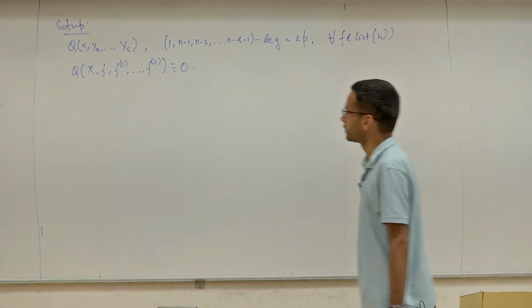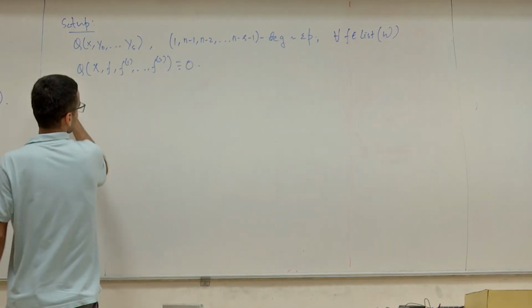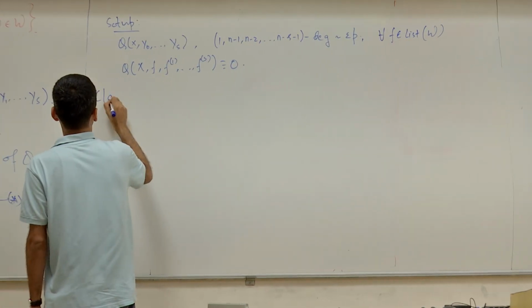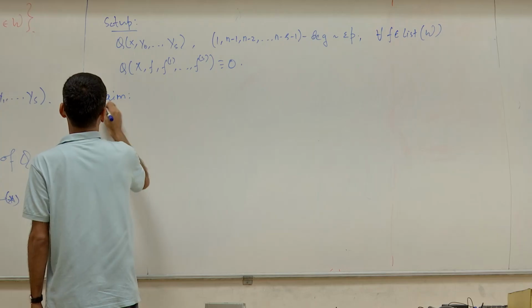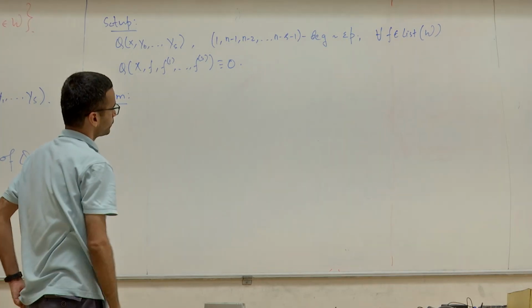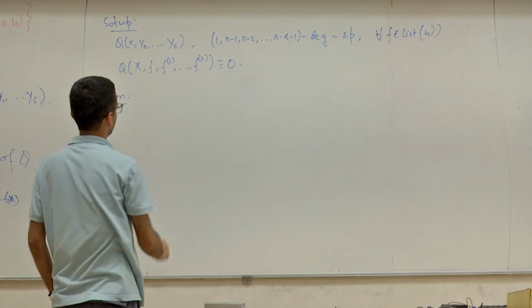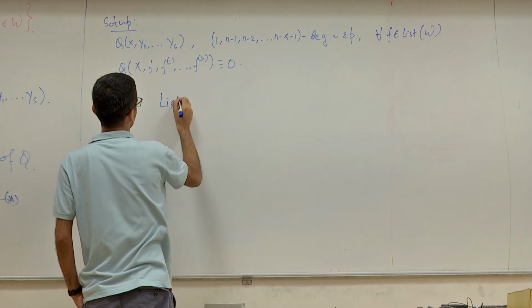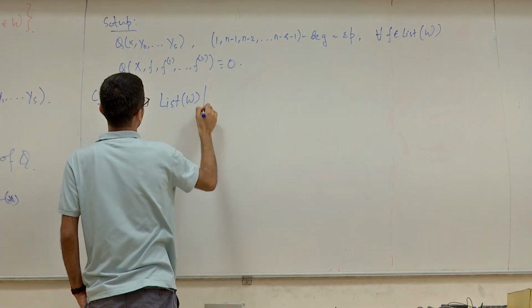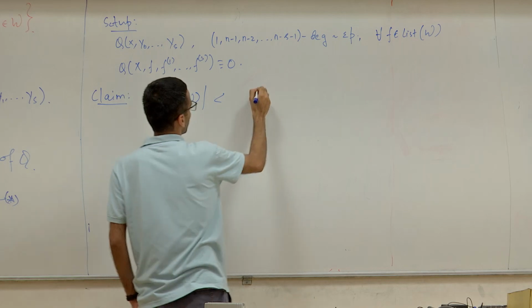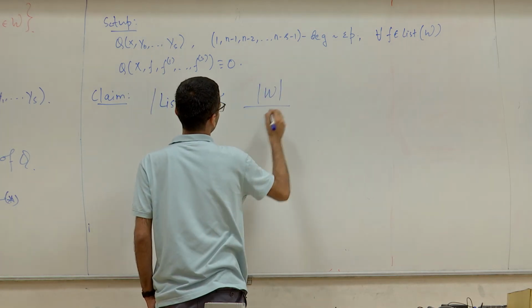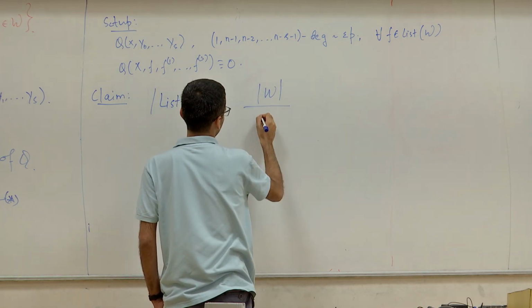What we will prove is the following claim, and this will imply what we intended to prove. We will prove that the list of W is at most the size of W divided by 1 minus epsilon p.